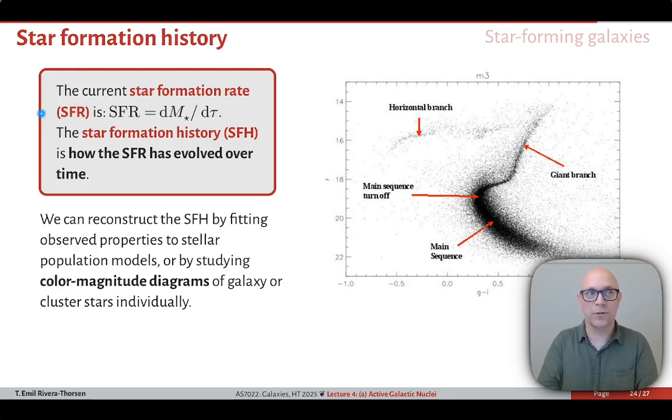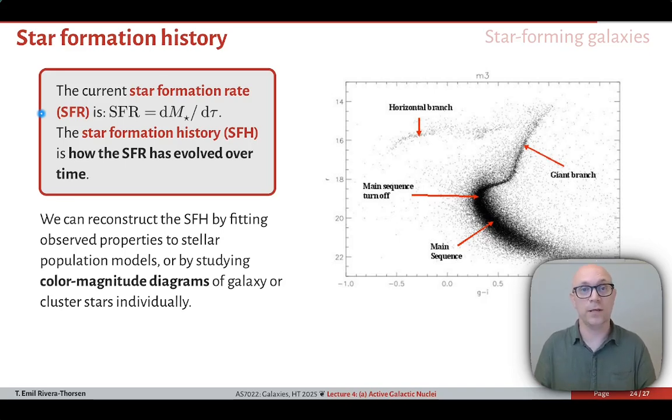Oftentimes, we also use, which I haven't shown on this slide, what we call the specific star formation rate, which takes into account that some galaxies are more massive than others, because there's a very big difference between how impressive it is to form 10 solar masses of stars per year, depending on whether the galaxy is the size of 1 million solar masses or 10 billion solar masses.